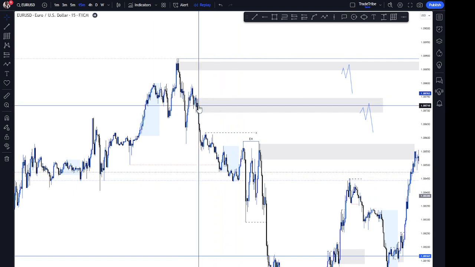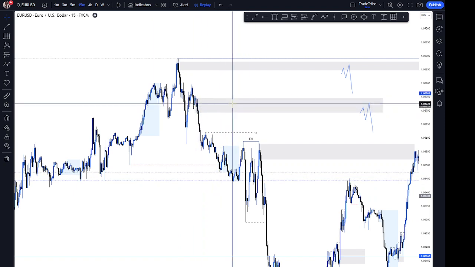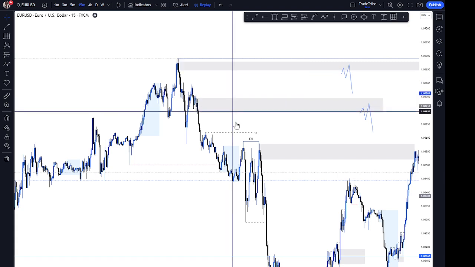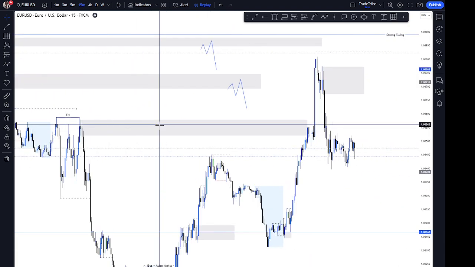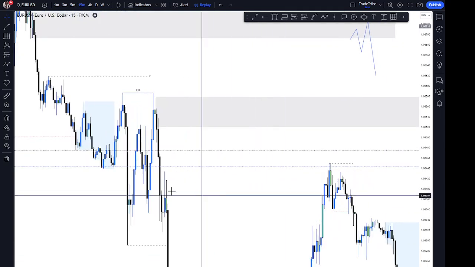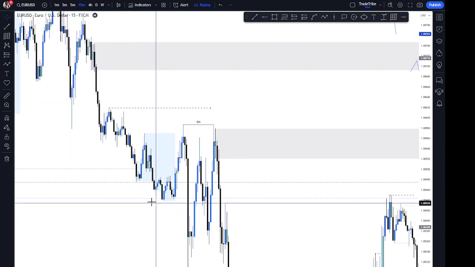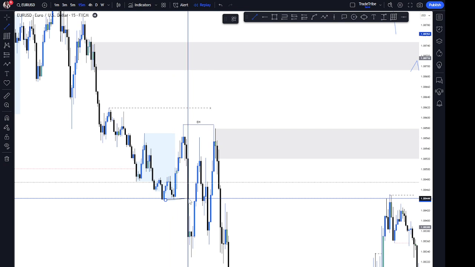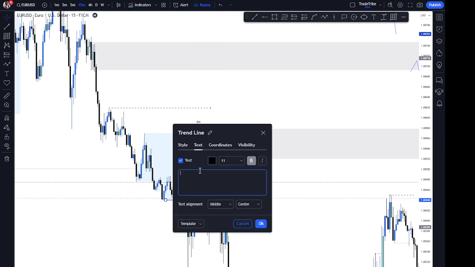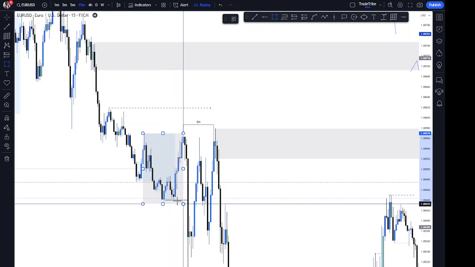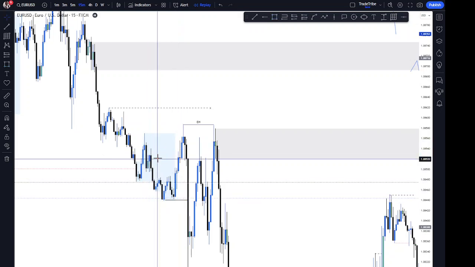Then price left us with this demand here, supply here, sorry, right here. Then we had this breakout, which took liquidity here. Remember, this was the Asian low and Asian high. This zone here was marked as an Asian range.